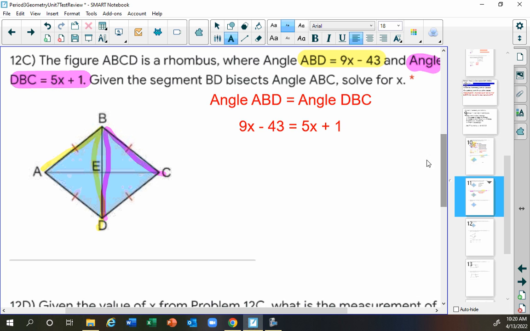Remember, the reason why these two angles are congruent is because the diagonal bisects the outer angle. So I'm going to throw that up there real quick.